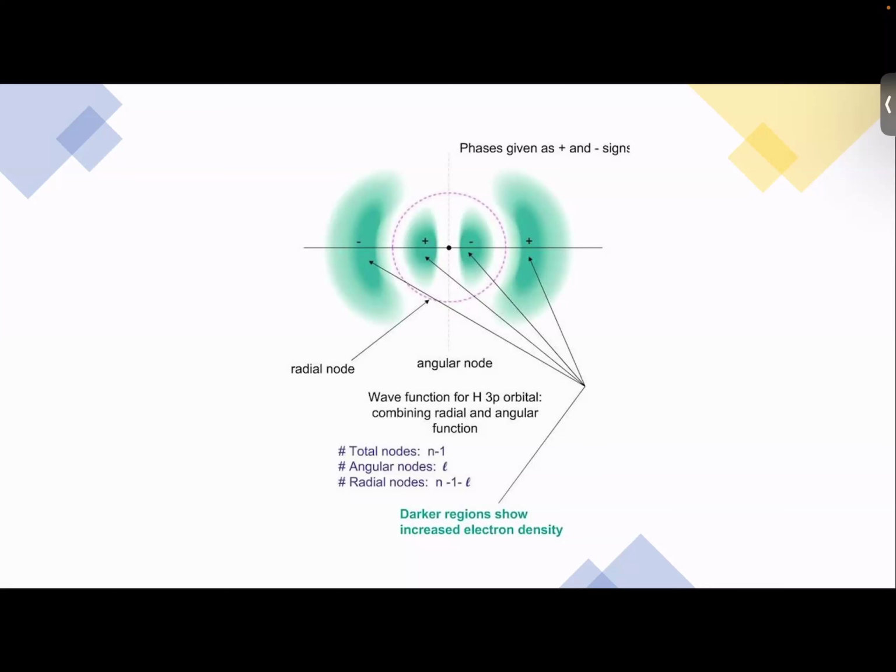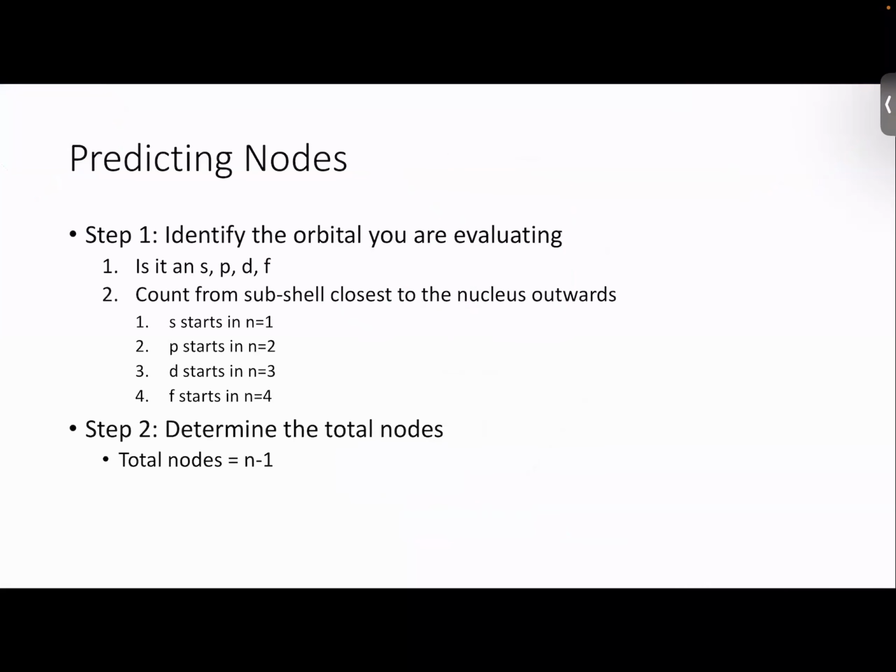Now, how do you predict how many nodes everything has and what type of nodes it has? Step 1: you're going to identify the orbital you're evaluating. You heard me, when I looked at the p, I said, oh, that's a dumbbell shape, it has to be a p.